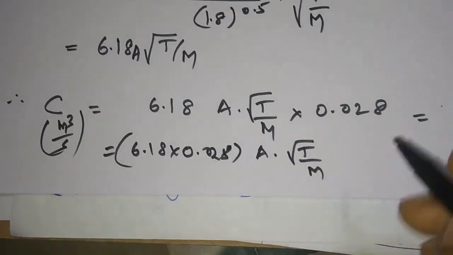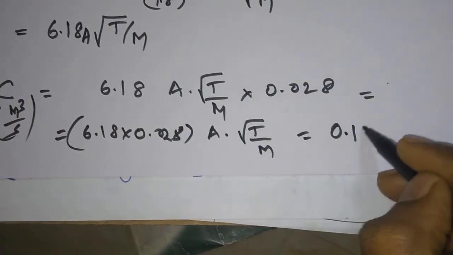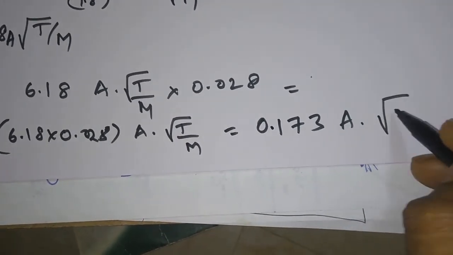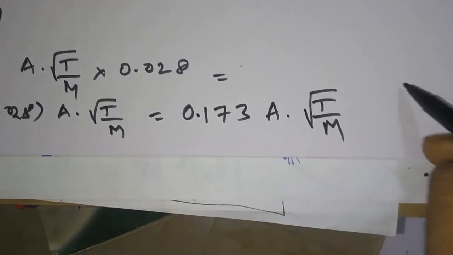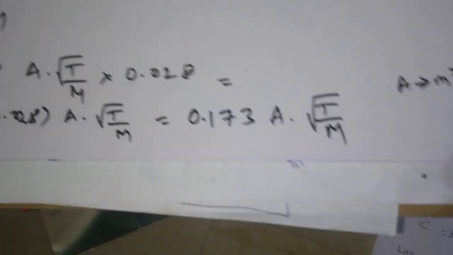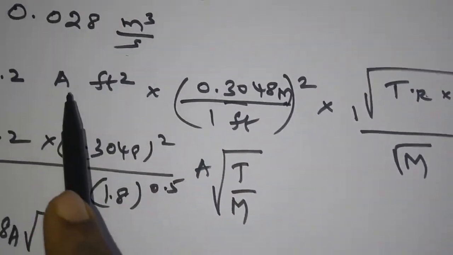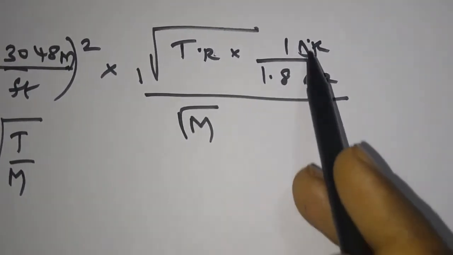So we get, finally what we get is 0.173 a square root of t by m. So where a is in meter square, so that's what we have done here. It will become, a will become, feet square get cancelled, we get meter square. Temperature will become Kelvin.